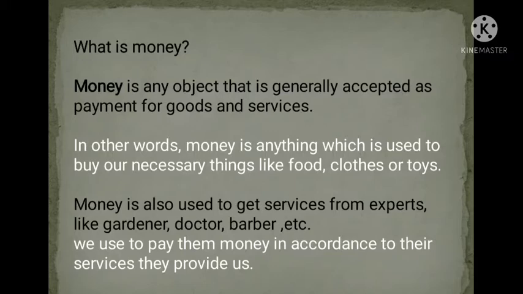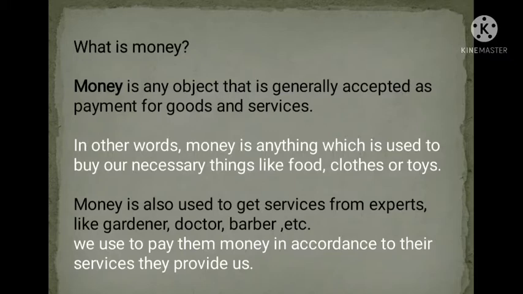Money is also used to get services from experts like gardener, doctor, barber. When we go to meet the doctor, he charges a fee, na? How do we pay it? In amount, in money, in currency. Who is a gardener?